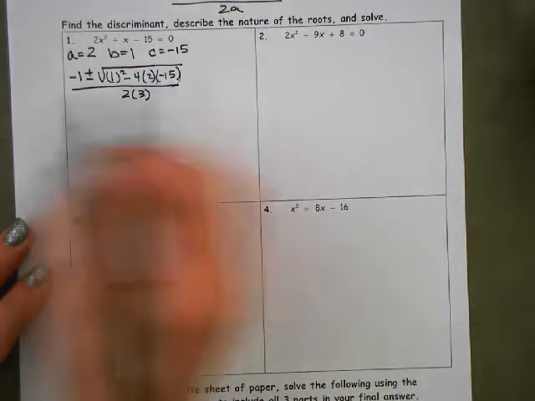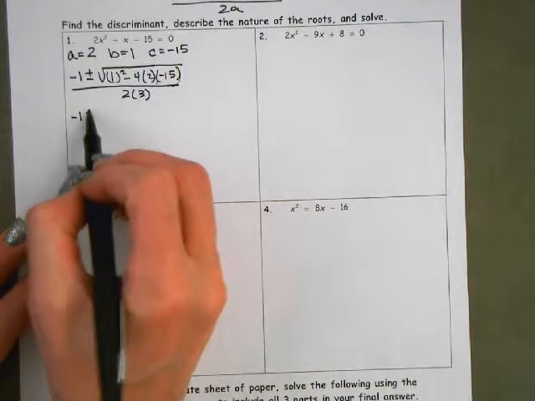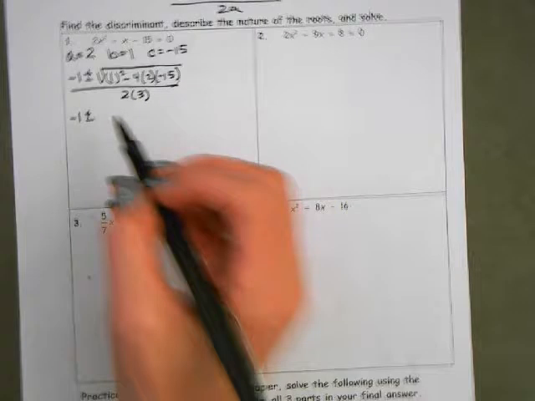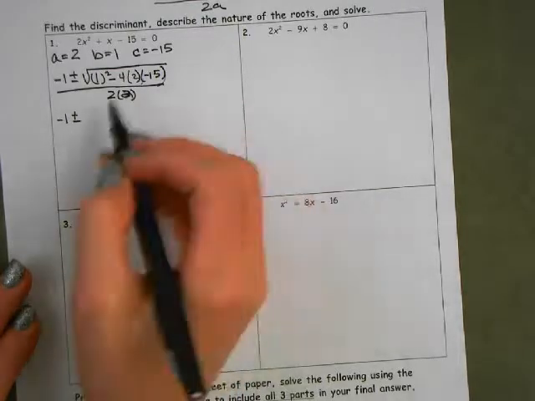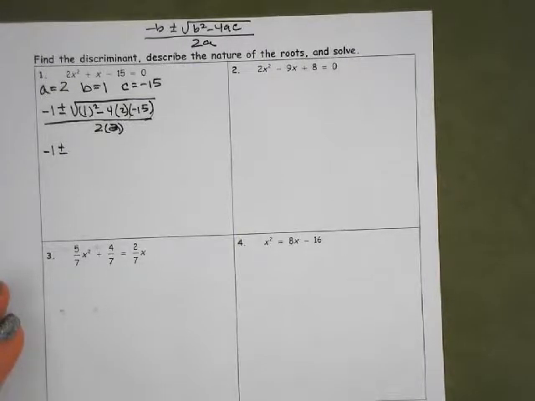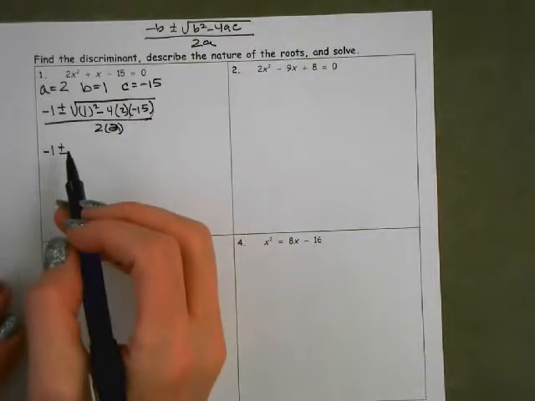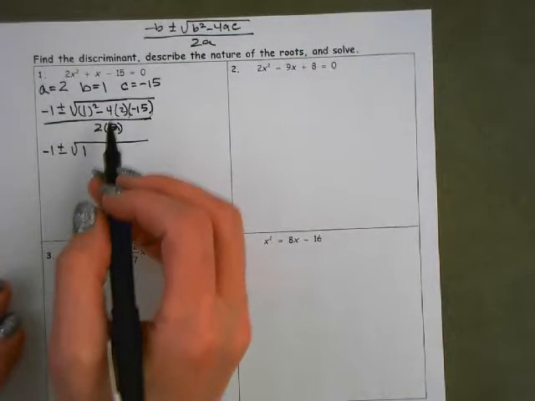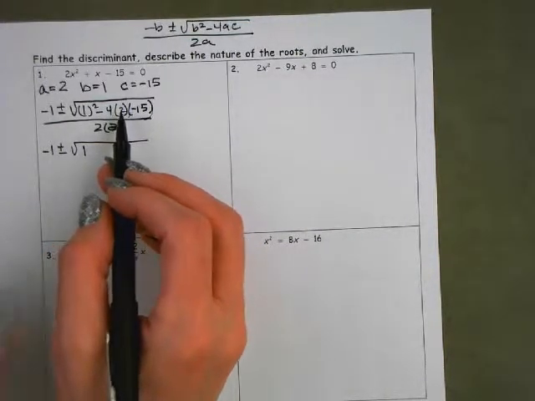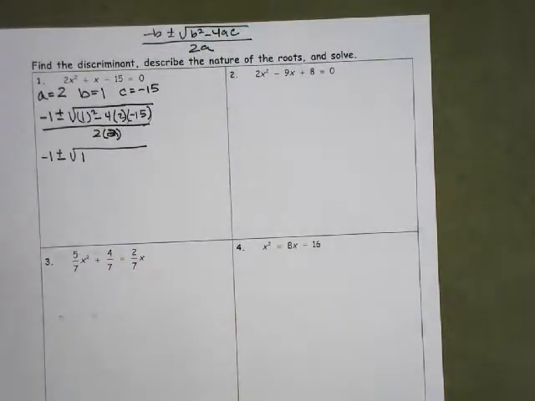It's minus 1 plus or minus, sorry, 2, I don't know where I got the 3. 2 times 2. Okay? So then, I'm going to do the math here. I'm going to get 1 squared is 1. Okay, so negative 4 times 2 is negative 8. And then negative 8 times a negative 15 is a positive 120.